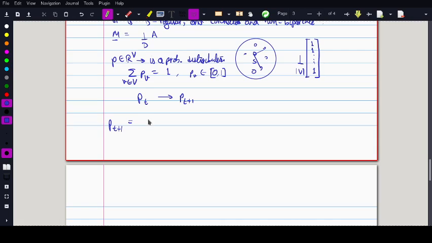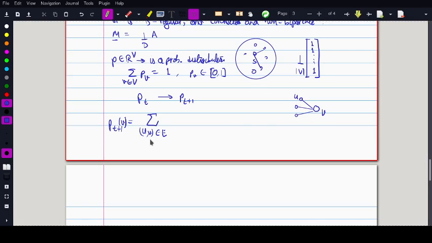You use the simple probability theorem. The probability of finding yourself at the vth vertex at step t+1 is a sum over all the edges. You want to find the probability of being at v, and you can come into v from a bunch of vertices.